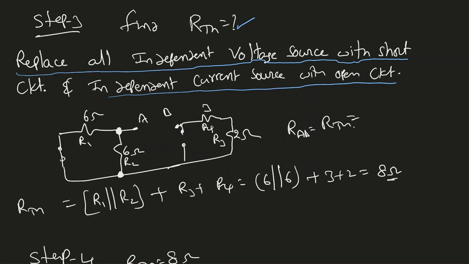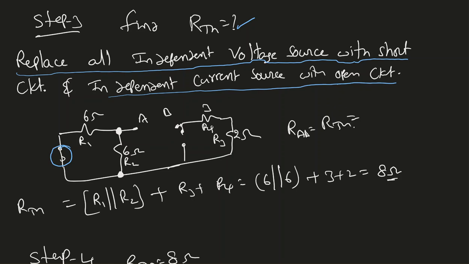Our goal is finding the resistance of the circuit between the AB terminals, and the independent voltage source always has zero internal resistance. Practically there is always some internal resistance, but in the ideal case it has zero. Same thing with the independent current source, it always has infinite internal resistance.